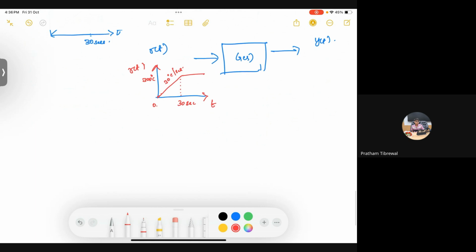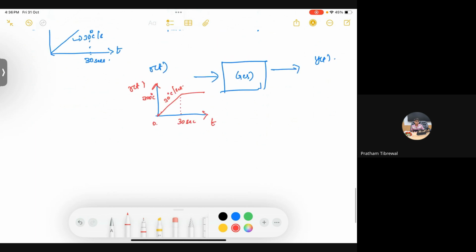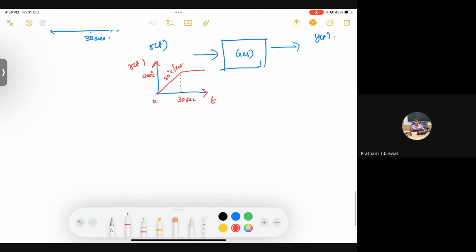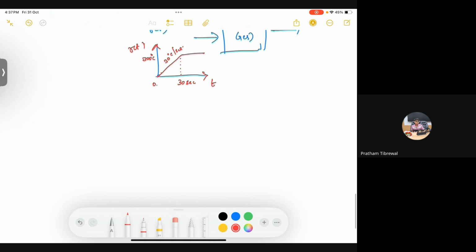First, if you want to find the steady state error, the slope is 30 degrees Celsius, I'm considering 30 degrees Celsius per second here. The idea behind it is, we have a ramp input and we have a step.